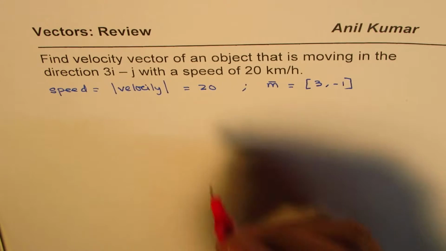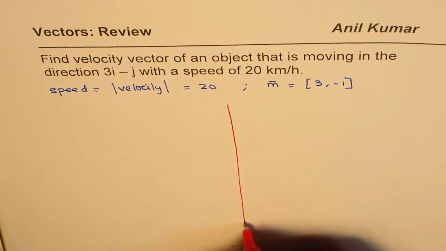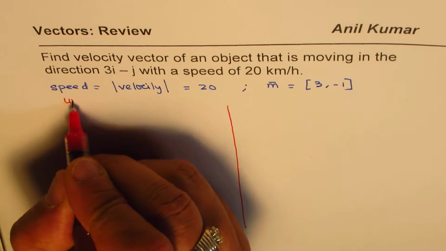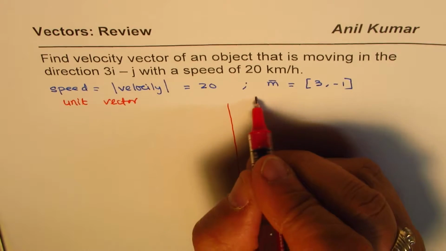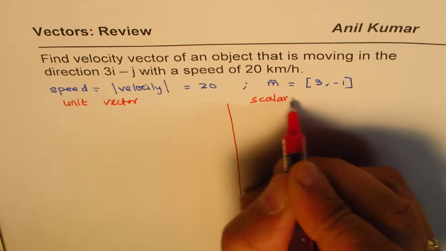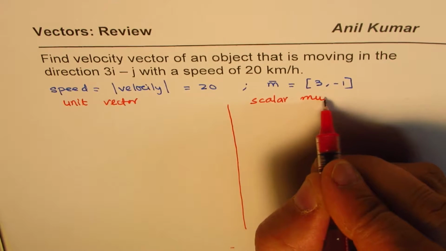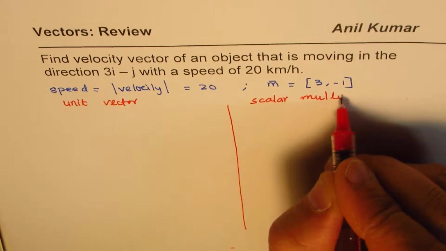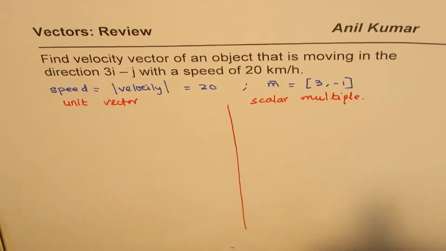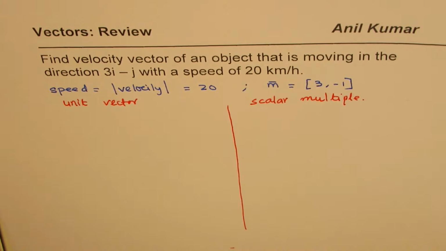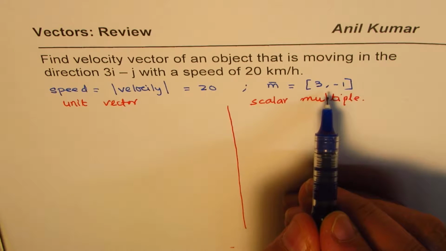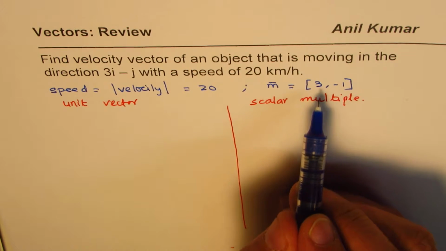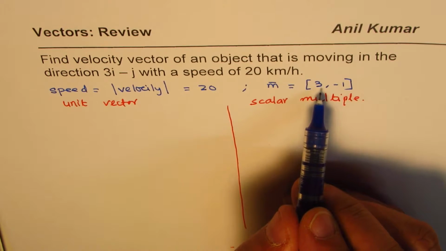So I'll show you two ways of doing it: one using a unit vector and the other using a scalar multiple. Both are standard methods. You can adopt any. A unit vector really means that in this direction I'll find a vector with magnitude one.